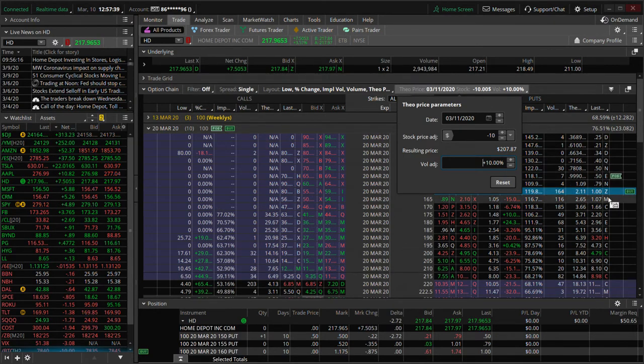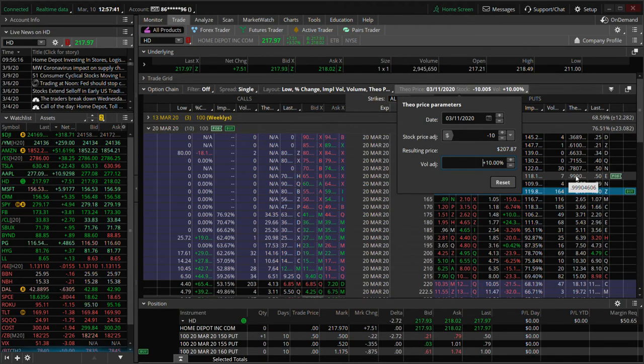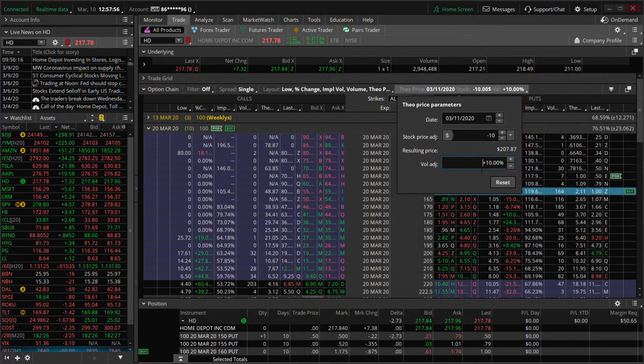Then the put that we own right now will double in value, and the other one would go up by 4 times, assuming we get it filled, and that means we need some kind of pop in the stock. So what I'm doing with this little calculator is trying to get a sense of what's going to happen to my option if the price of the stock moves and what happens with volatility. These are the two critical components that will determine what the value of my option is going to be.